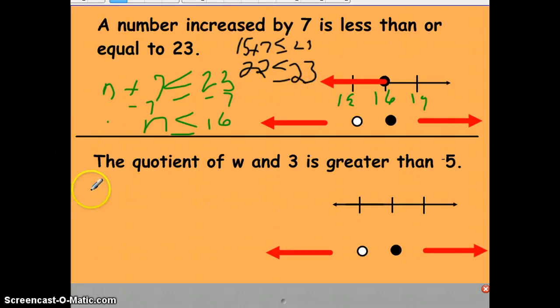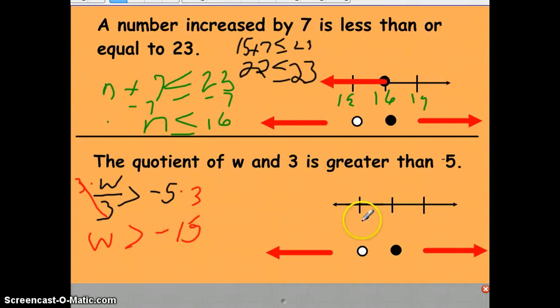Moving to your next one, the quotient of W and 3 is greater than negative 5. We need to do the inverse here. So the inverse of dividing is going to be to multiply. So multiply, this cancels out. W is greater than negative 15.